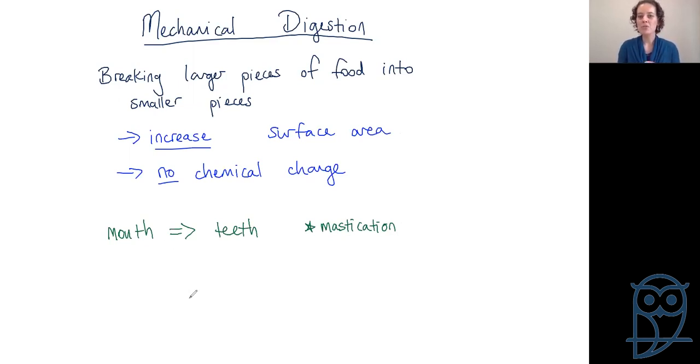And often people will stop here. They'll say, okay, well, that's mechanical digestion. It's not the only mechanical digestion we have. We also have mechanical digestion in your small intestine. And this is the action of bile. Okay, so bile is working on your lipids.